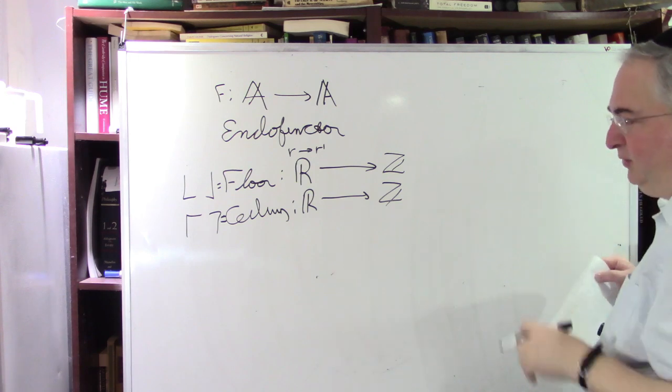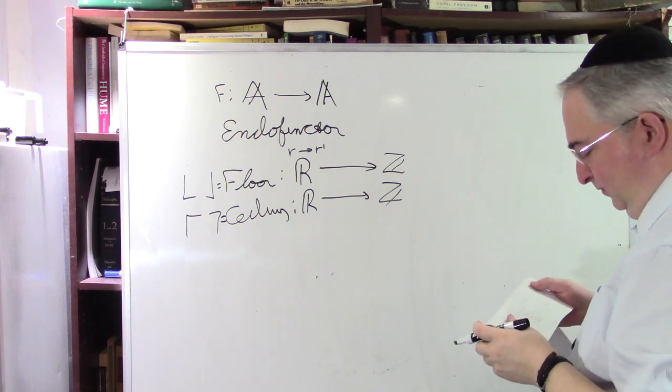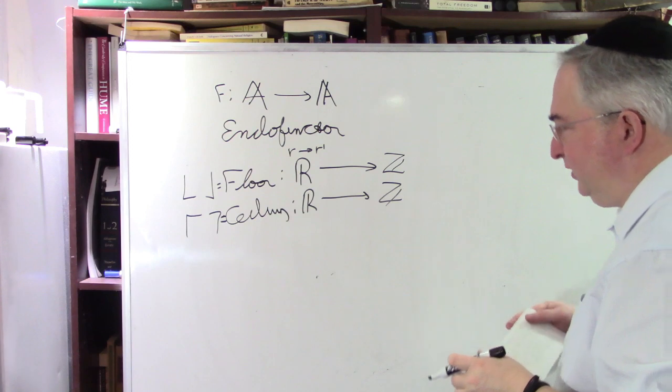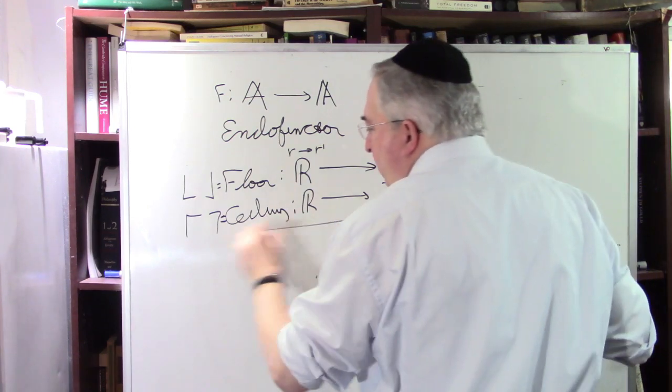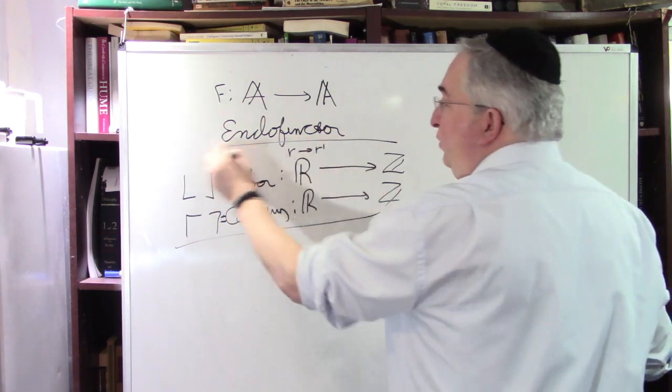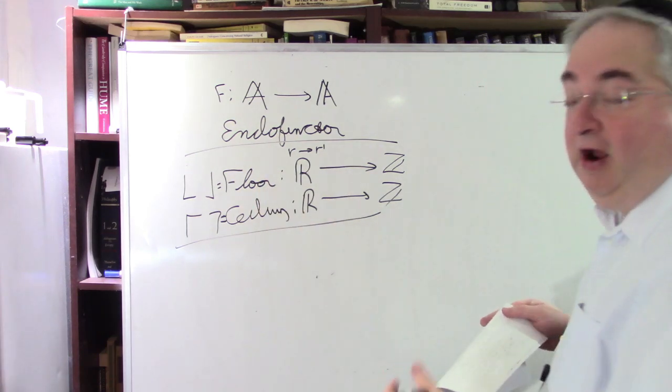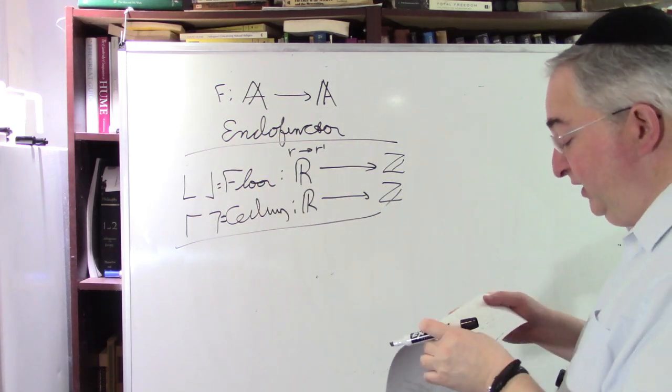Same thing with the ceiling. We're going to see these later on, and give a better definition of these. Yes, they are functors, but how are they defined? We'll see that later on.